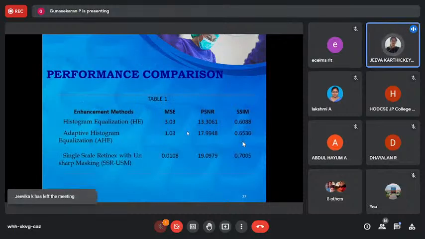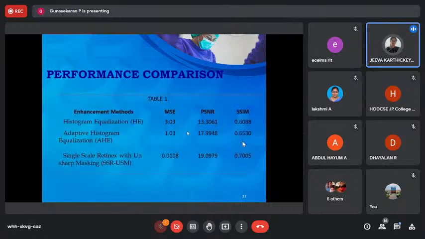I am taking polyp detection. We find the MSE, PSNR and SSIM for the existing techniques, histogram equalization, adaptive histogram equalization, and the proposed method SSR USM. For the MSE value compared to the existing methods, our proposed method has the lowest MSE, so it gives better contrast.